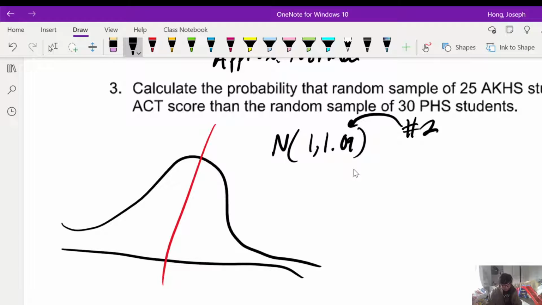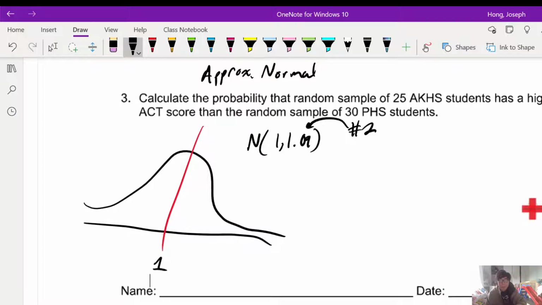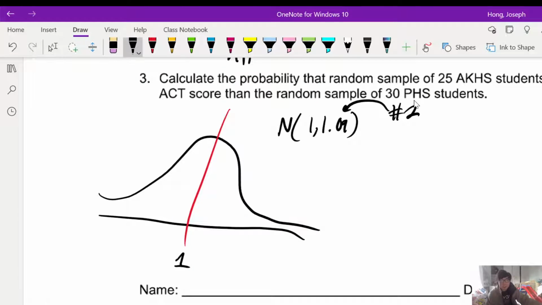And they're asking us the higher mean. So when is it going to be whenever they score higher? If this is 1, for AKHS people to score higher, they need to be talking about or finding 0, because we're talking about differences.